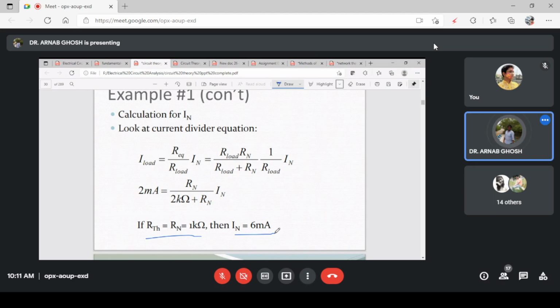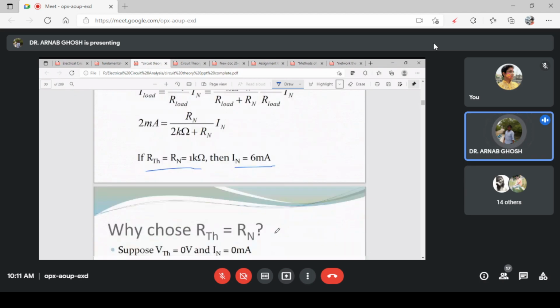Is this clear? We are just putting this into the equations. We know by the current divider rule I load is equal to IN into RN by RL plus RN. We are just putting the values, and we get the value of IN equal to 6 milliampere.